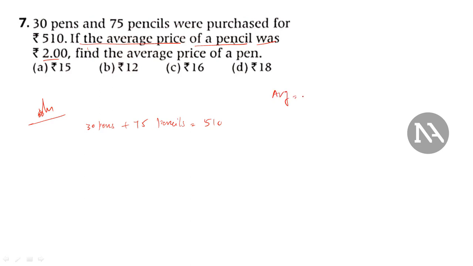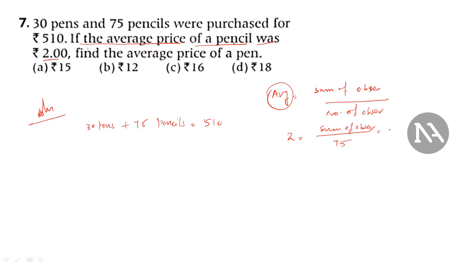The average formula we know: average is equal to sum of observations divided by number of observations. Here the average price of 75 pencils is 2, the number of pencils is 75, so the sum of observations is nothing but the total price of 75 pencils.